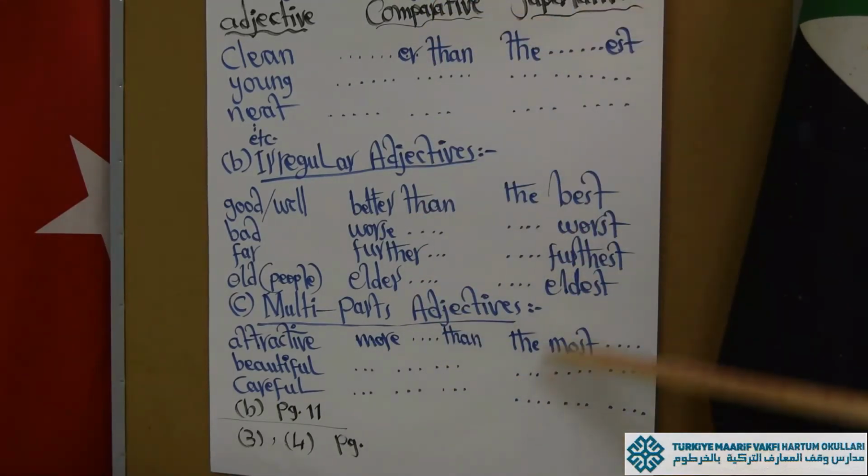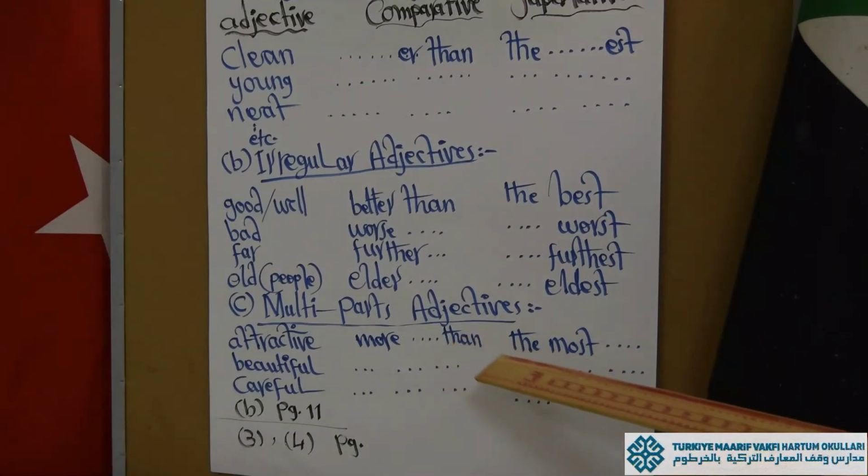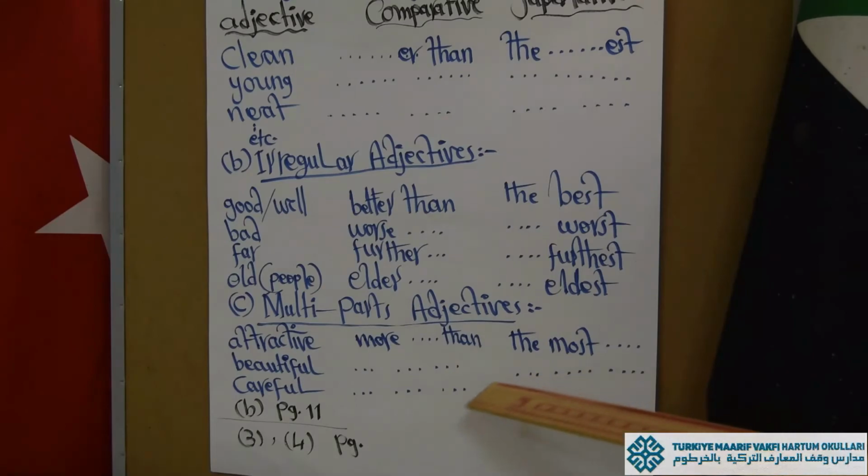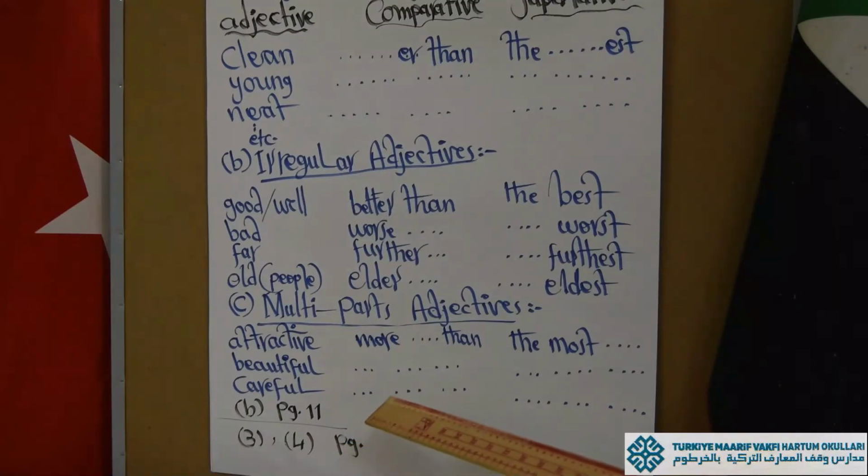When it comes to superlative between more than 2, you say the most attractive. That "more" becomes "most." The most beautiful, the most careful, and so on. So if there are Jane and Mary and Angelica, these are women.